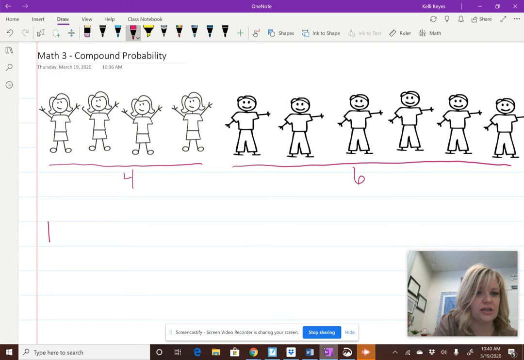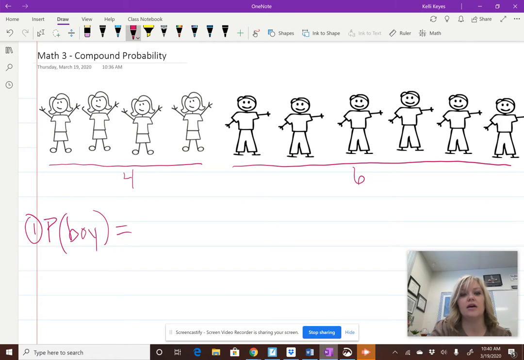So the question I have for you is, let's just go to basic questions. What's the probability I select a boy? If I'm going to bug someone to answer a question for me, it's the probability I randomly select a boy. So that would be 6 boys out of the total number in the class, which would be 10.